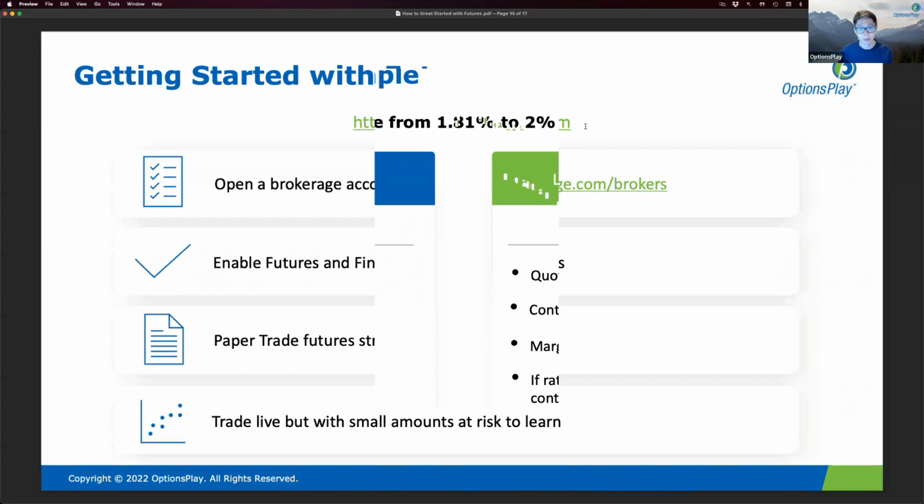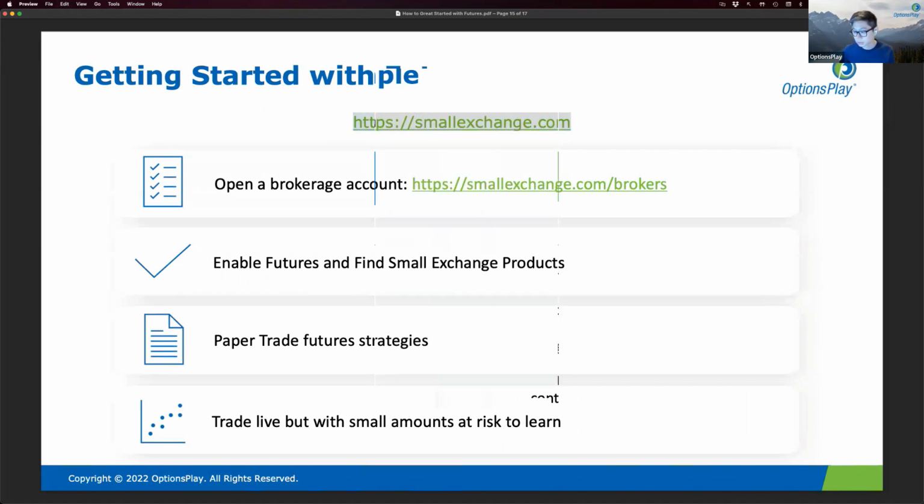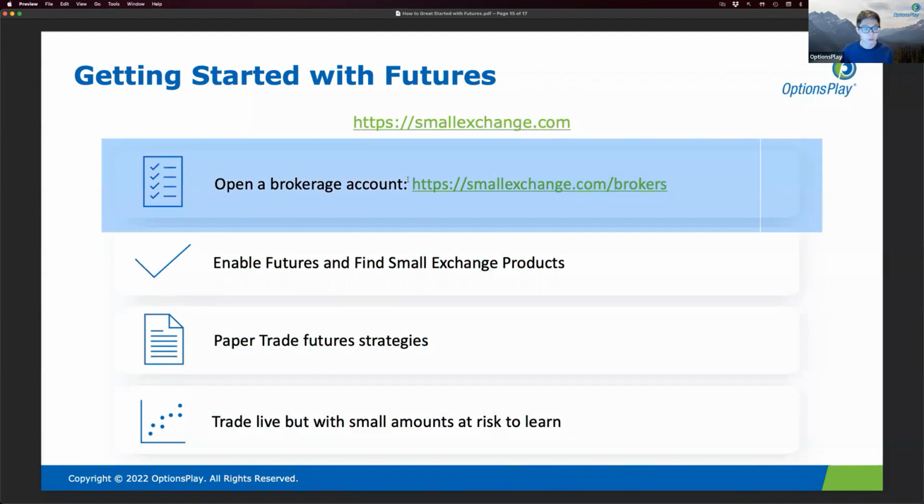Number one, if you want to find out more about the small exchange, you can go to this website here on my screen, which I will post into the chat window. And for the 50% of you that answered that you do not have a Tastyworks or IBKR account, there's a list of brokers, but in terms of the equity-based brokers, smallexchange.com/brokers will give you that list.